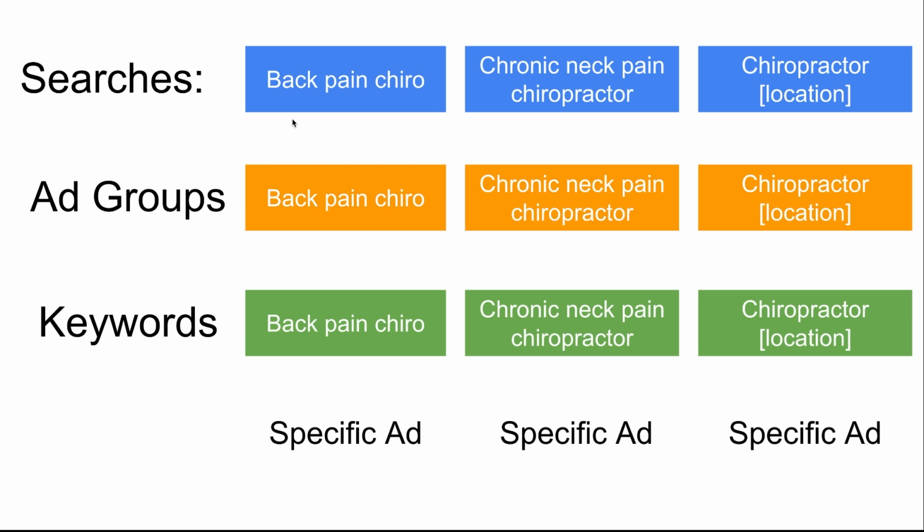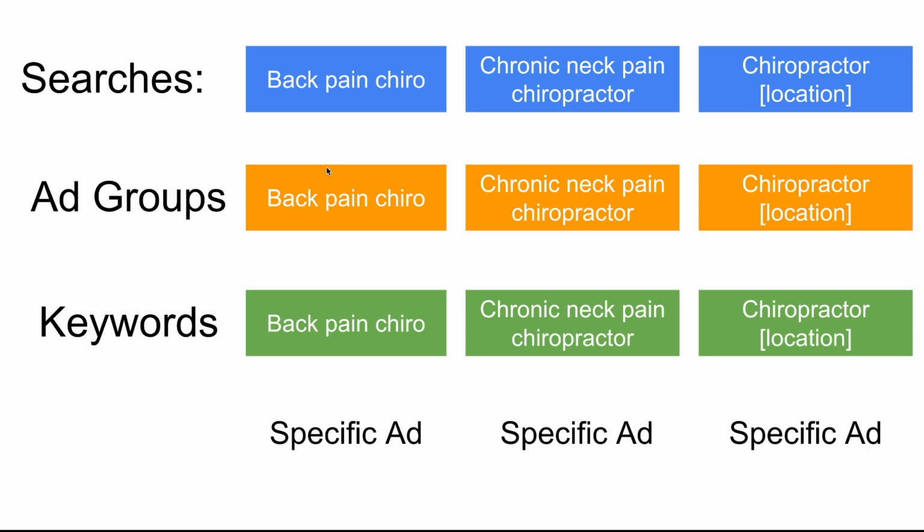So this is an example of that. We've got people searching for back pain chiro, chronic neck pain chiropractor, and chiropractor plus a location, like chiropractor Sydney, something like that. These are all different enough for me to put them in different ad groups, because I know that I'm going to write ads that are different for each of these keywords.